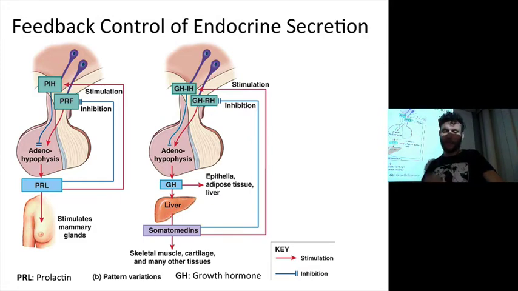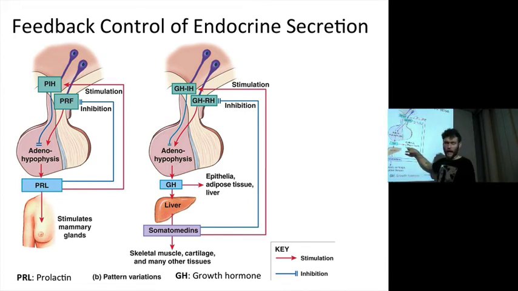And it's going to affect the proliferation and growth of those tissue types. It's also going to head to the liver. So this is an effect on hepatocyte proliferation. This is an effect on hepatocyte production of a secondary family of hormones called the somatomedins.